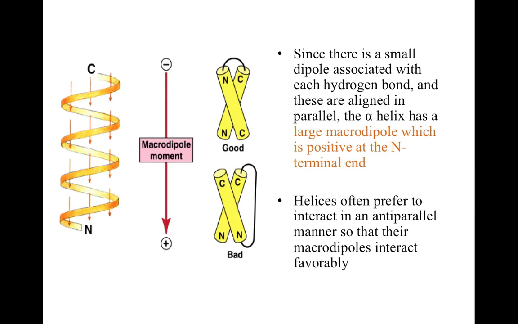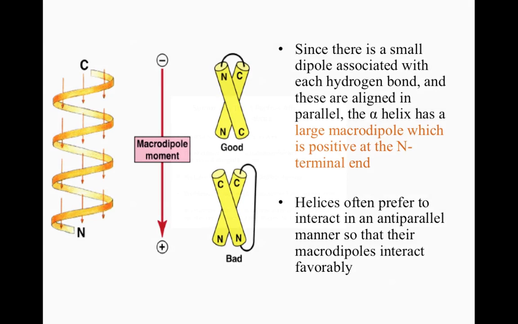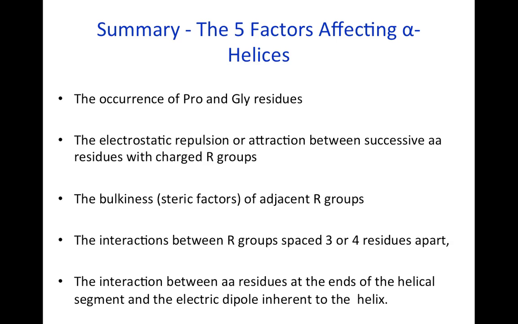Alright, so you see a further picture here, and you can give this a read. It's basically the same thing I've been saying before. So let's summarize the 5 factors affecting alpha helices.